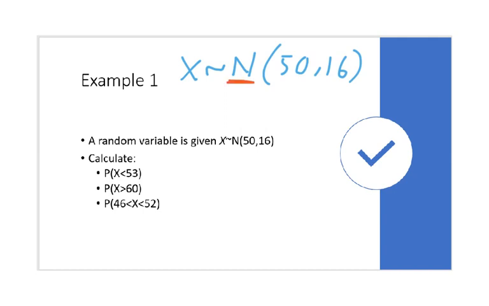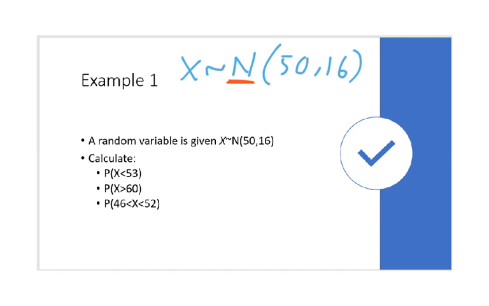Whenever we have N here, automatically we know this variable is normally distributed, and so it is a continuous variable. To calculate probability, we are going to use normal distribution probability.